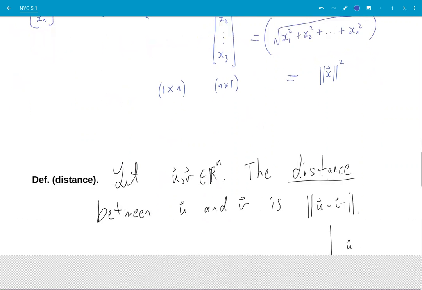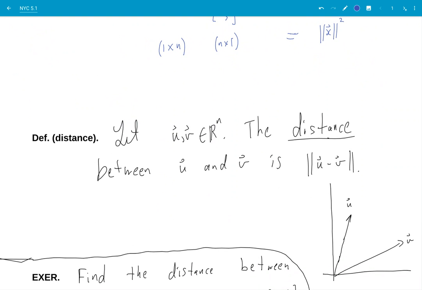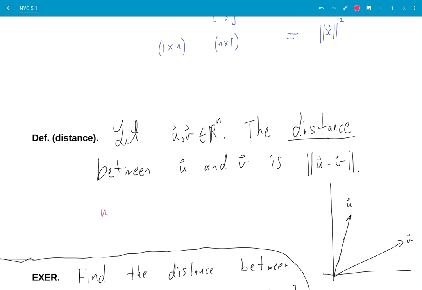Okay, the distance between two vectors in Rn is, well, we're going to define it to be subtraction followed by taking length. Now, let's motivate this definition. Notice that u minus v is the same as u plus negative v, or maybe we'll write it as negative v plus u.